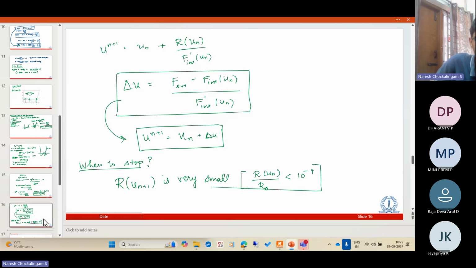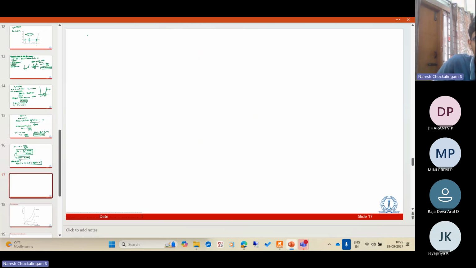So let's summarize the algorithm. First, have a guess u naught and find r of u naught. Store it as r naught. The next step is actually iterative, right?